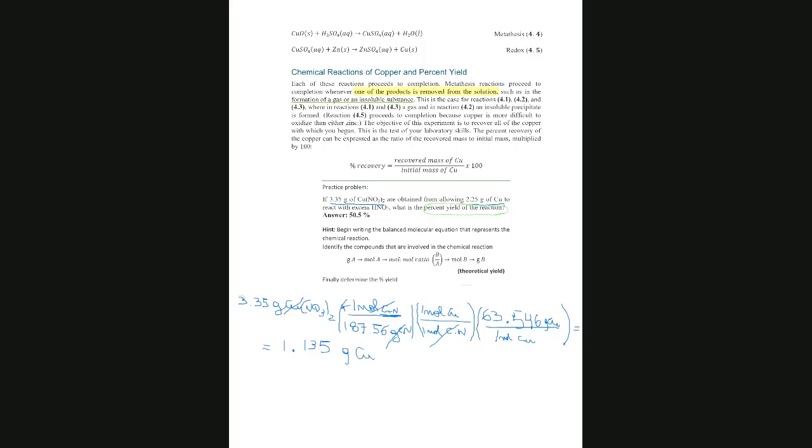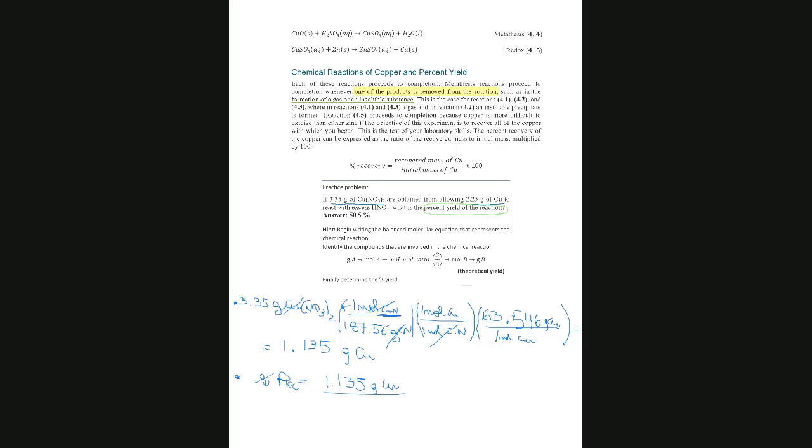We want to know how many grams of copper are in this. And the last step is just very, very easy. The percentage recovery, how much I recover, is going to be this mass divided by the original mass.